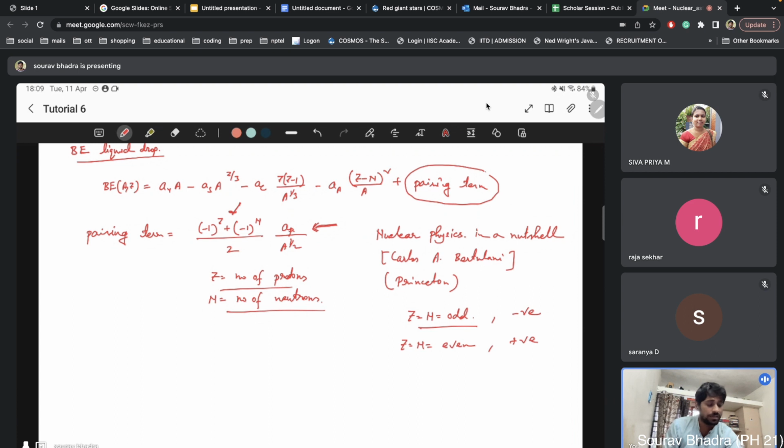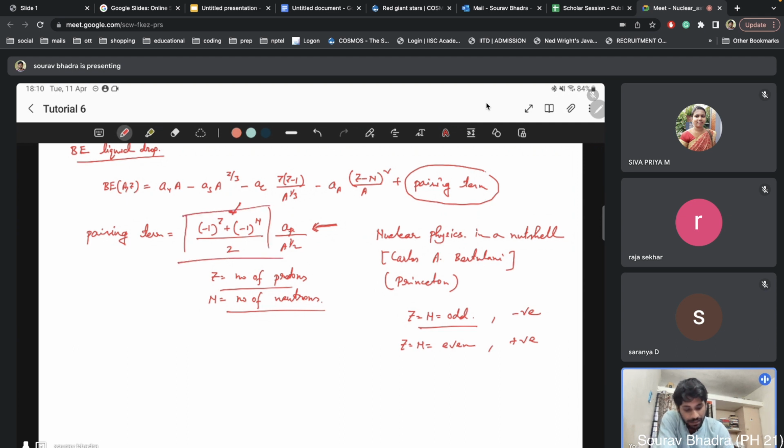One student asked that question, so that's why I rechecked my previous notes. The main point is, when two protons or two neutrons are bound together, that will be more stable than a single neutron or single proton. That is actually coming from exactly this term.